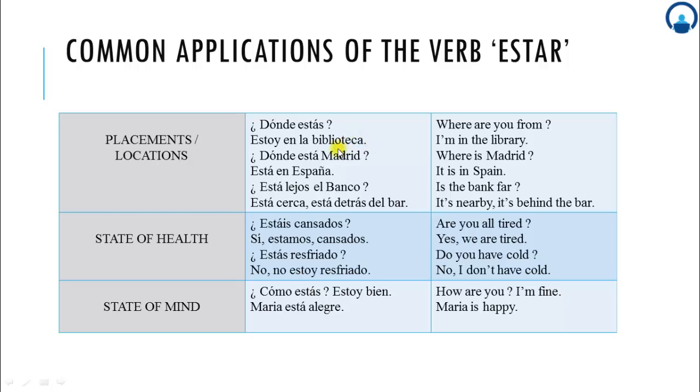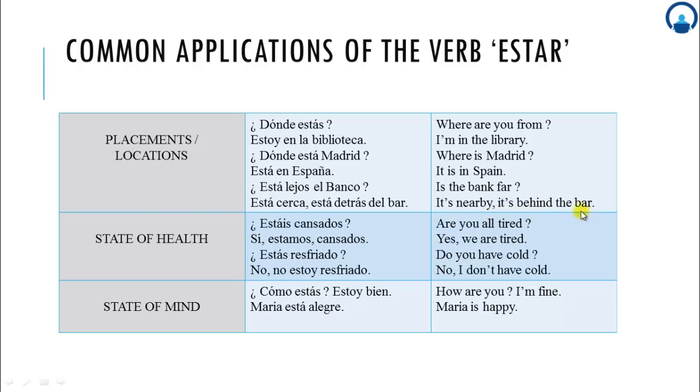Biblioteca means the library. Next example, ¿dónde está Madrid? Where is Madrid? Está en España. It is in Spain. ¿Está lejos el banco? Is the bank far? Está cerca. Está detrás del bar. It's nearby. It's behind the bar.